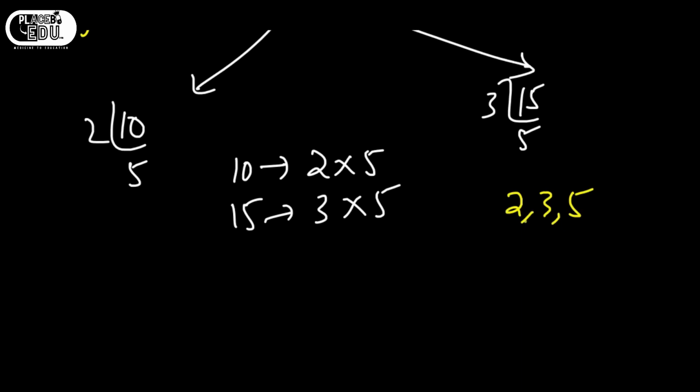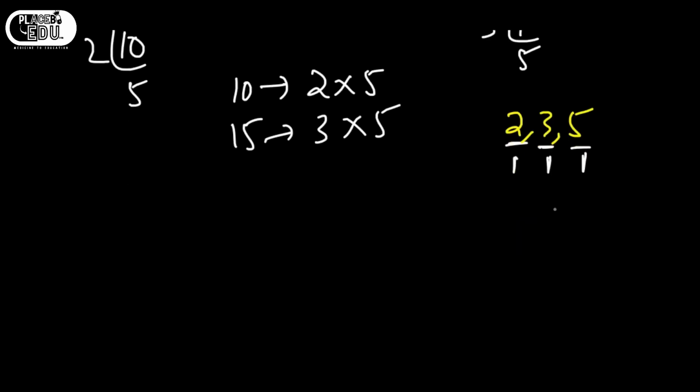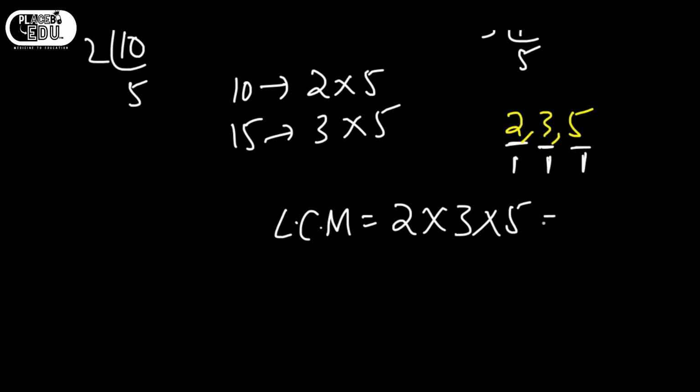Next we check the maximum number of times each is repeating. The maximum number of times 2 is repeating is 1, of 3 is 1, and of 5 is 1. So LCM is very easy: 2 into 3 into 5. Therefore the LCM is 30.